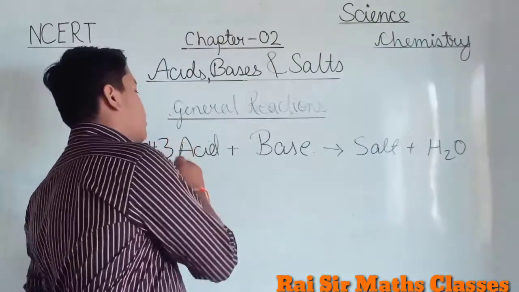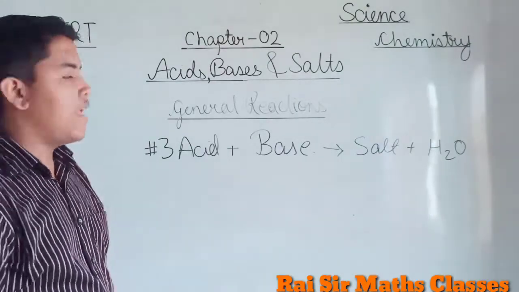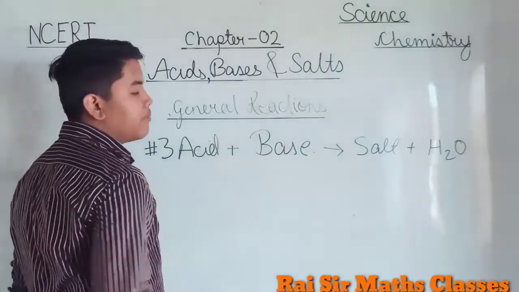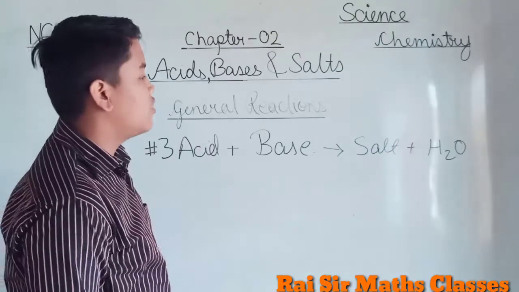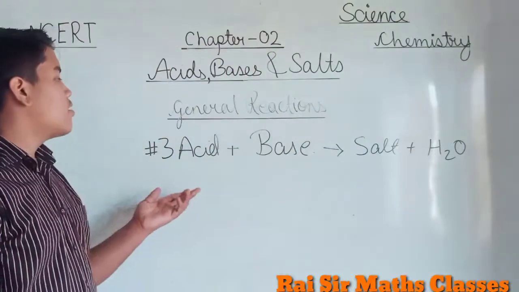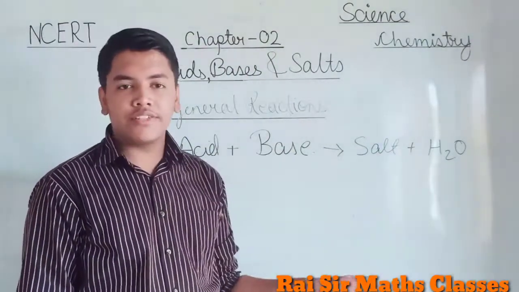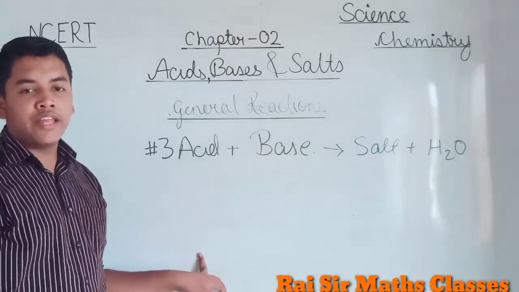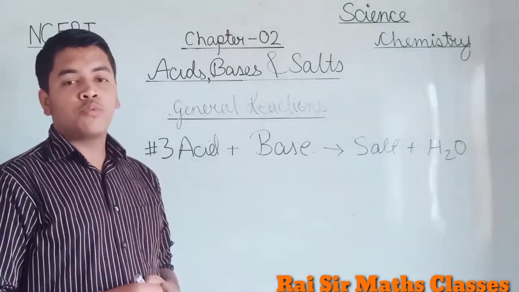Now the third one is the neutralization reaction, as it is the reaction between acid and base. As I told you, when acid and base react they become neutralized, and salt with water is formed. The best example is acidity, in which we take Eno or some other base to get relief.